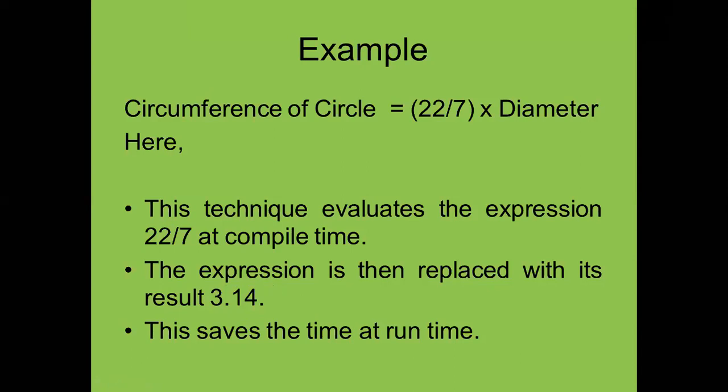Otherwise the compiler will take more time for 22 upon 7. It will calculate up to infinite terms, so the compilation time will increase. 3.1419867 like that, then it can truncate the value, so it will take more compile time. So better to write 3.14 here, replacing this value.